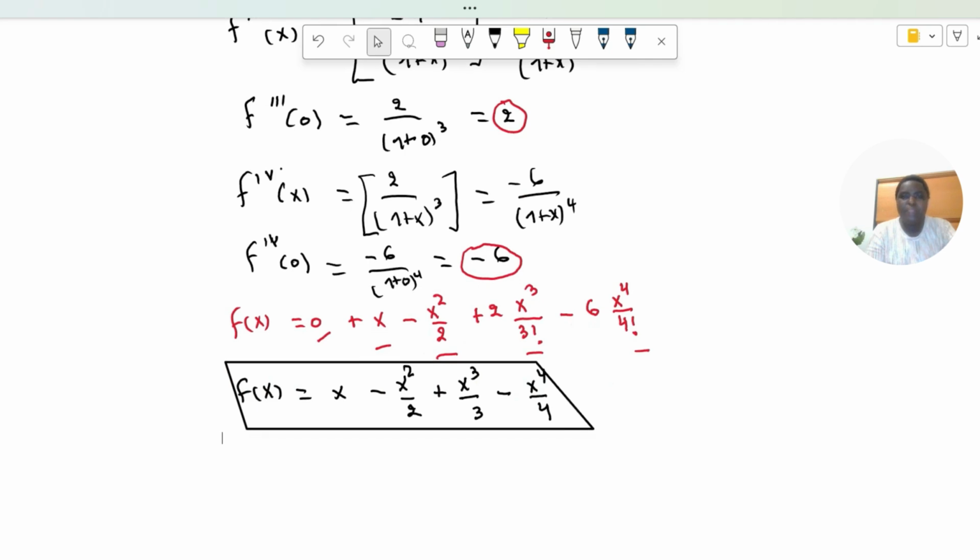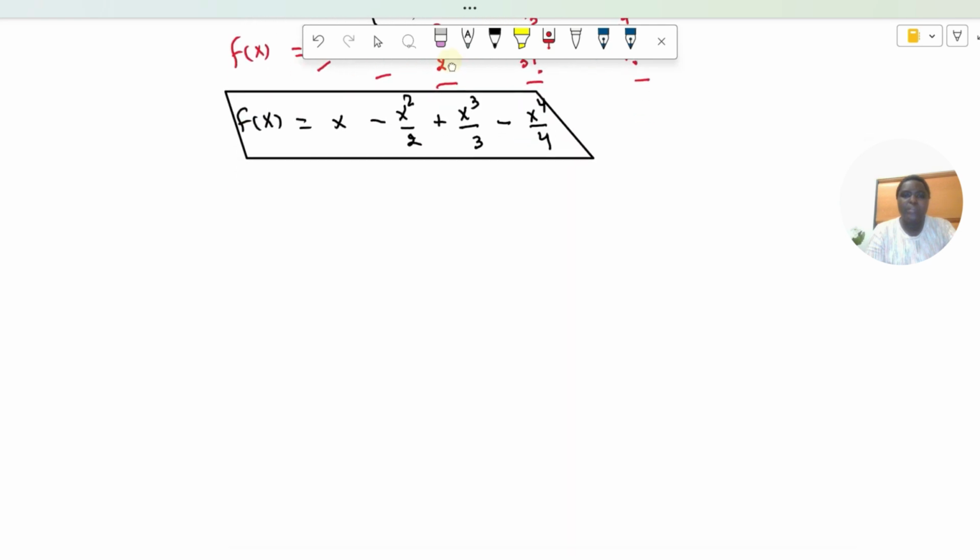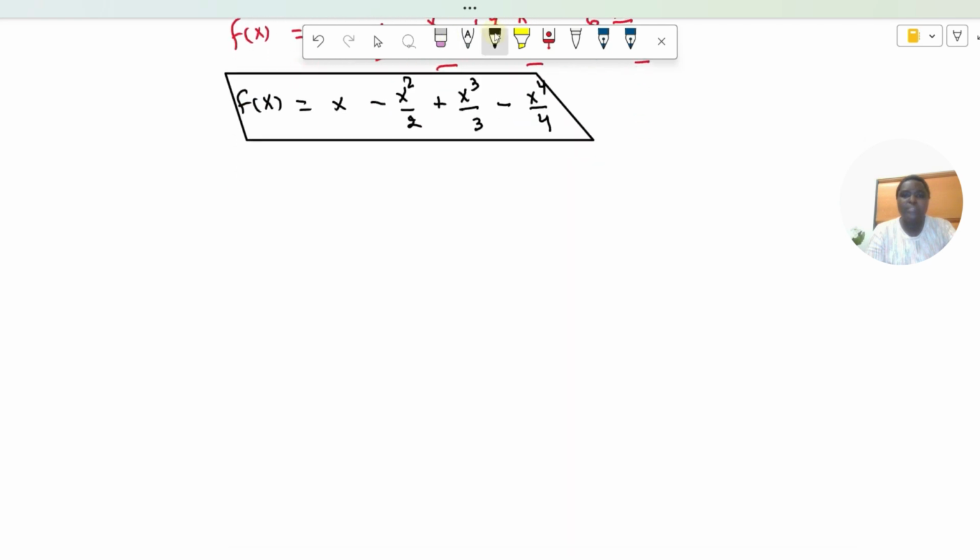In C, we are asked to compute the limit when x tends to 0 of ln of 1 plus x over x without using hospital rule.